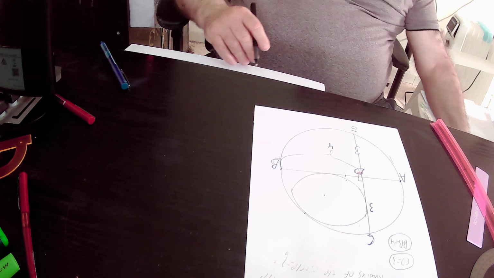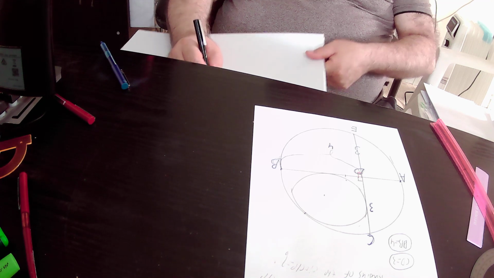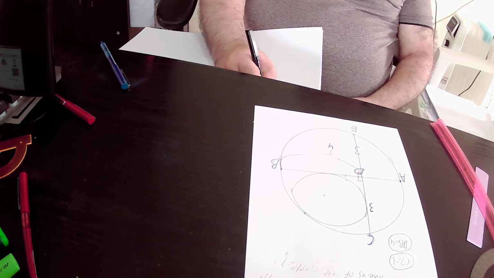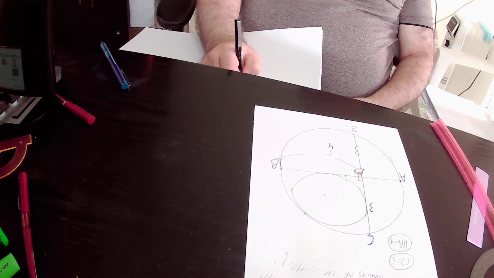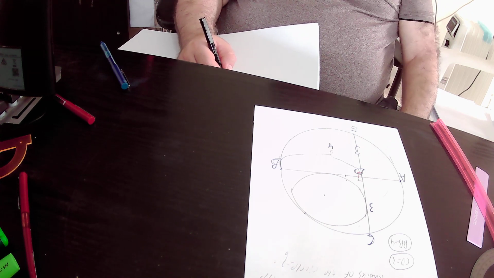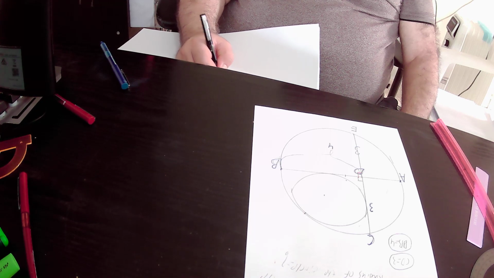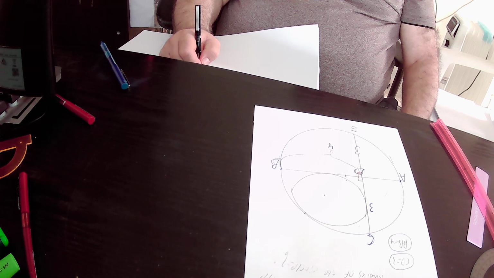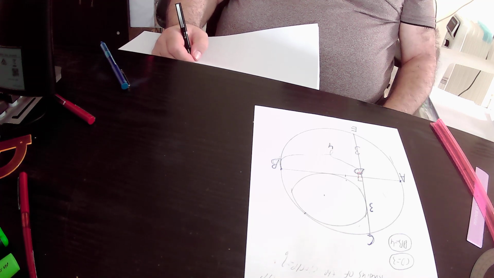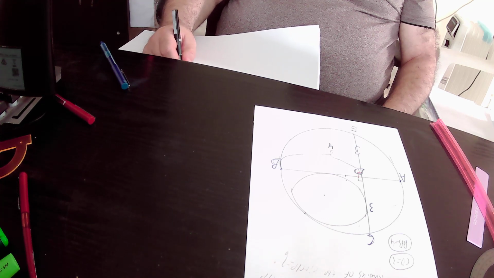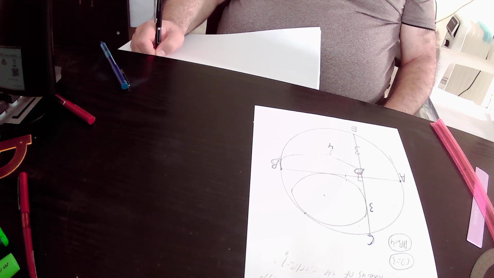Chord AB intersects with chord CE, and point D is the intersection point of chord AB with chord CE.